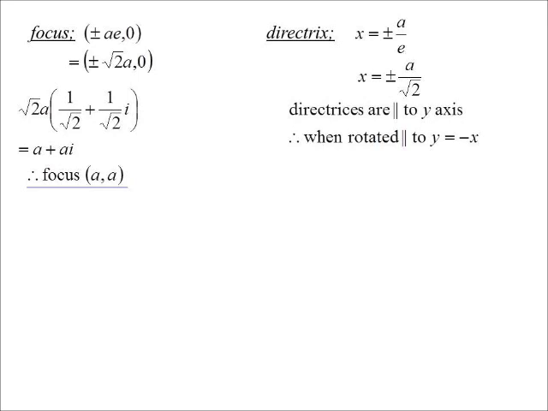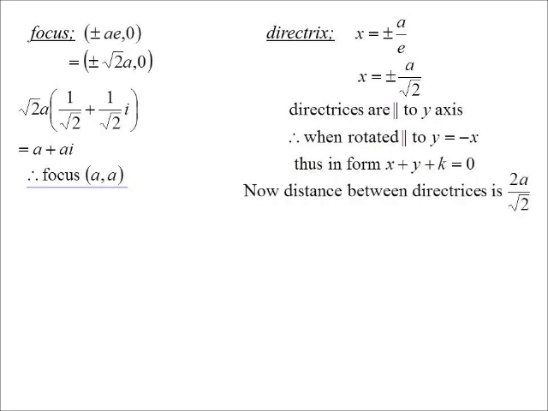If I rotate 45 degrees anti-clockwise, they'll go parallel to y equals negative x. So I know the slope of the directrix when we rotate it is negative 1. Therefore, it must have the equation x plus y plus some constant number is equal to 0. We just got to work out what that constant number is.